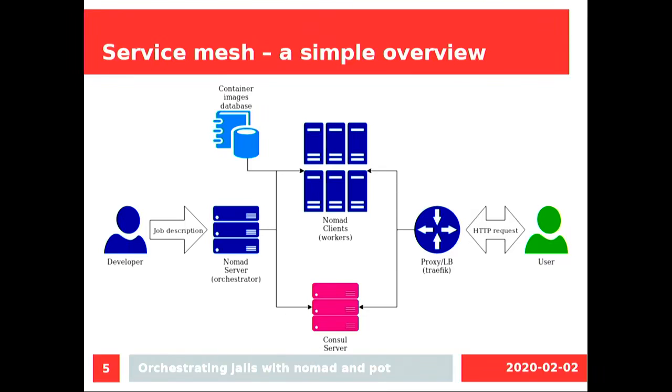Then if it's a network service, you have service discovery, and we use Consul here. The orchestrator registers your service and says, okay, I decided that your service is running on this machine, exposing a port, say ports 1, 2, 3, 4, 5, whatever.